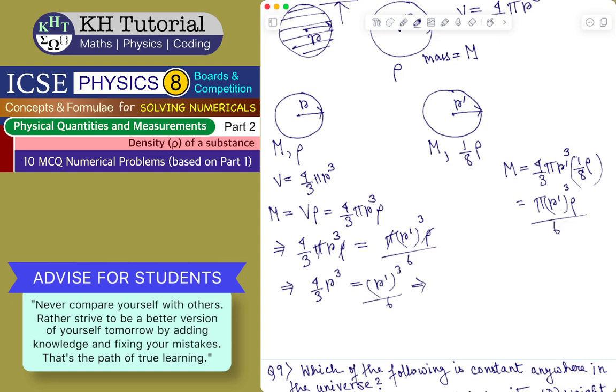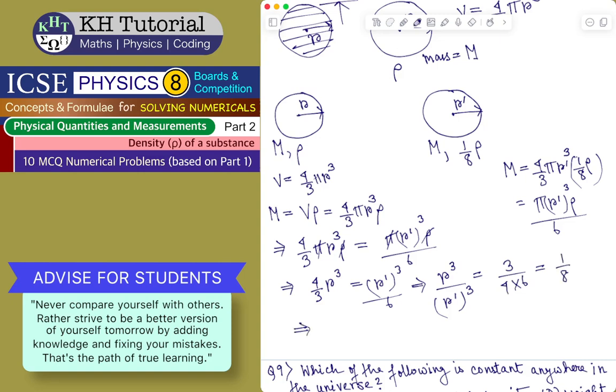From here we get r cube divided by r dash cube is equal to 3 by 4 multiplied by 6, which is equal to 1 by 8.